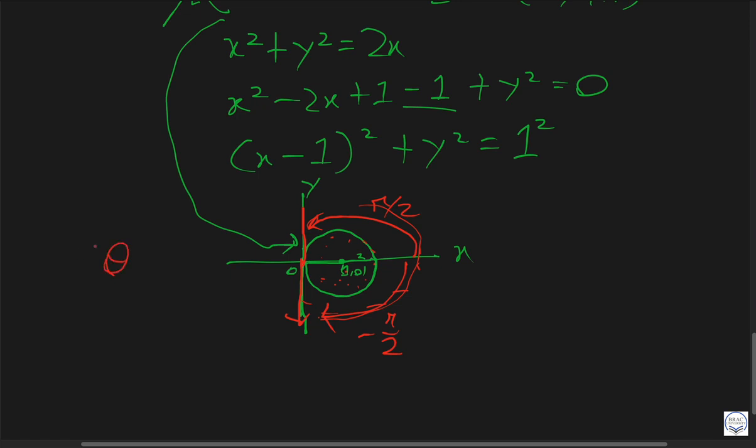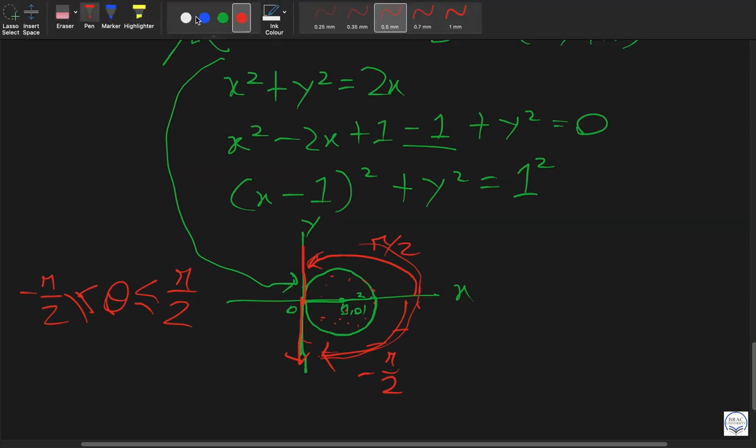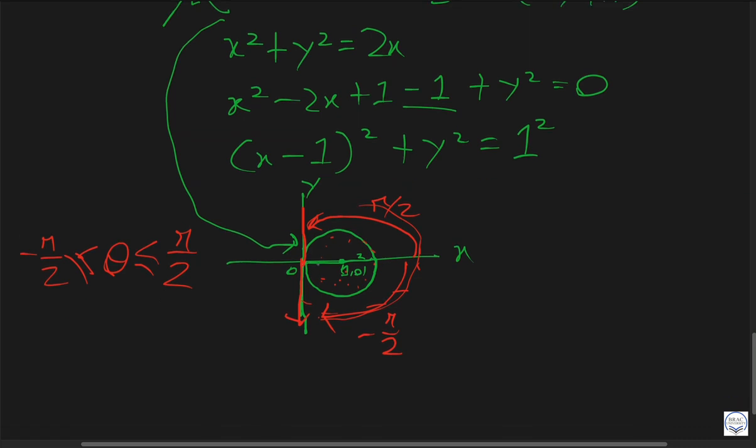So we have theta, which must be larger than or equal to minus pi by 2, and smaller than or equal to plus pi by 2. So now what about the r values? We have the origin in our domain, so the smallest value r can have is 0. r cannot be negative, so r is greater than or equal to 0.